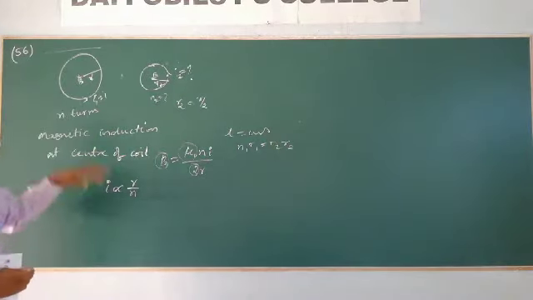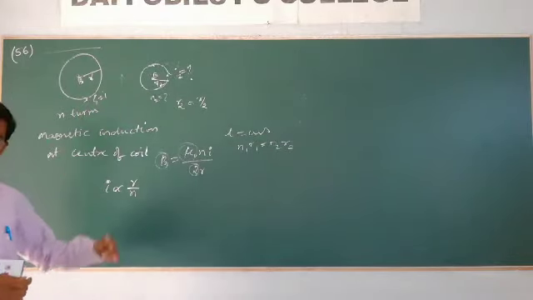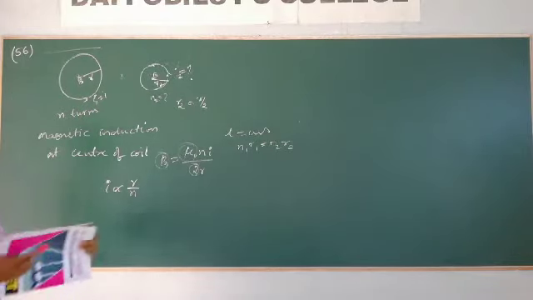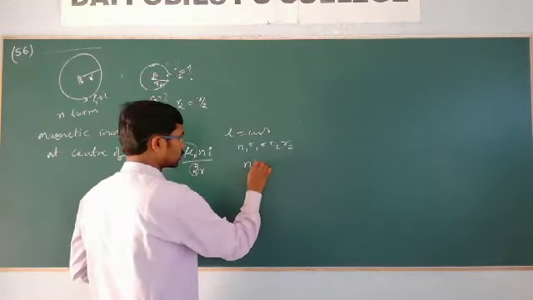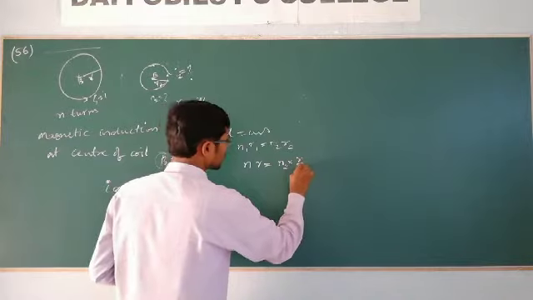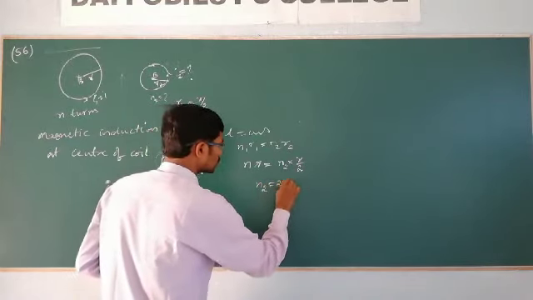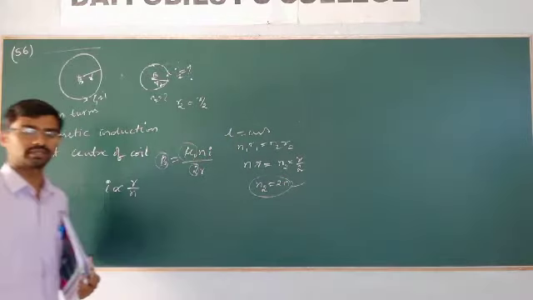The number of turns may not be equal, and that we need to find here. Now, N into R is equal to N2 into R2, which is R by 2. Then R cancels. N2 is equal to 2N. That is a very important thing.